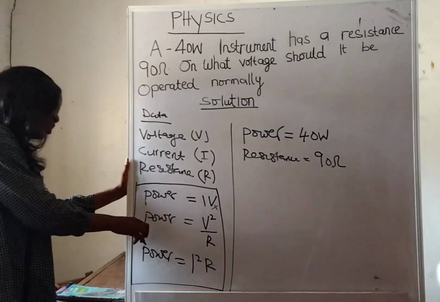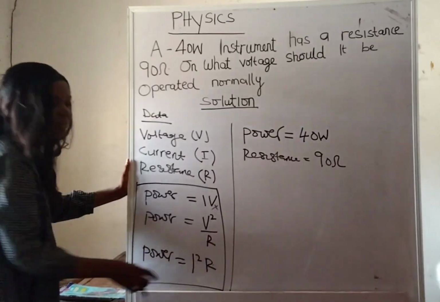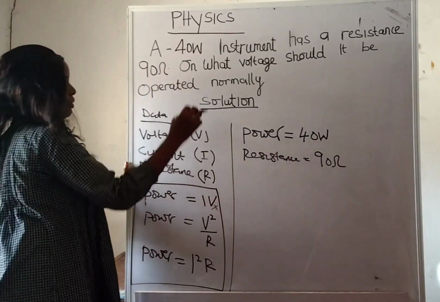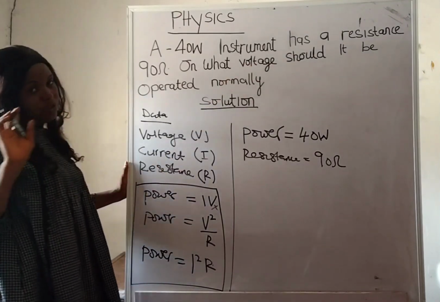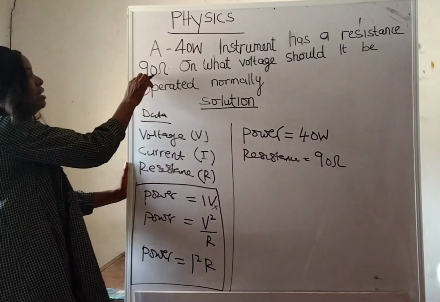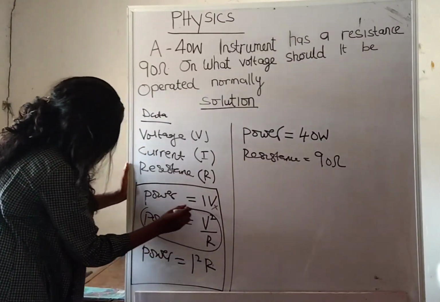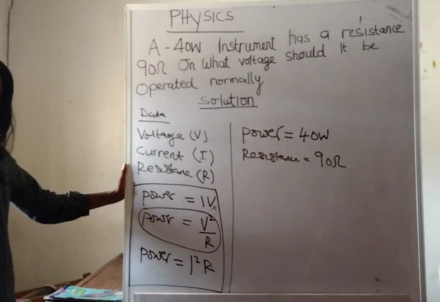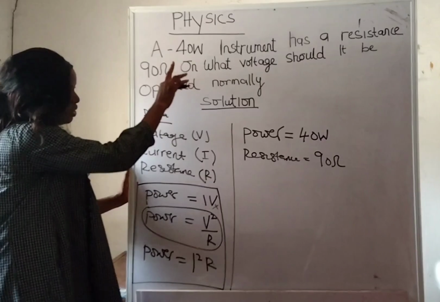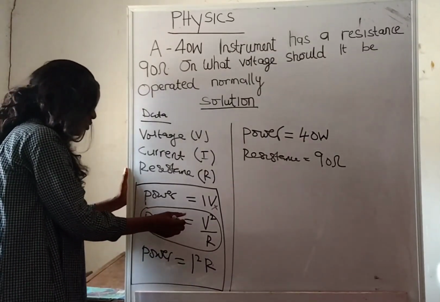We come to the second formula, power equals V square over R. We are not given V, but we are asked to obtain V, which is the voltage. Again, we are given the resistance, which is 90 ohms. So we use the second formula. It suits the question. The third formula did not suit the question because it has the current.